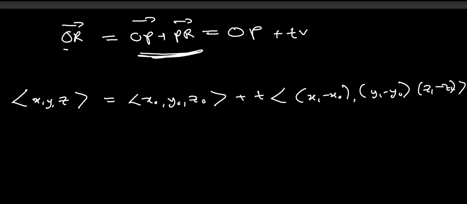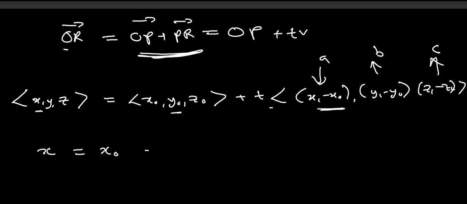Yeah, so this is going to create an equation because we're now going to equate what? We're going to equate X. This is X, right? X to X naught multiplying T times this guy here. If we let this part here be A, this part here be B for some random vector, and this is, let's say, C, then we're going to say this X is equal to X naught plus AT. Then the other y value is going to be y naught plus BT.